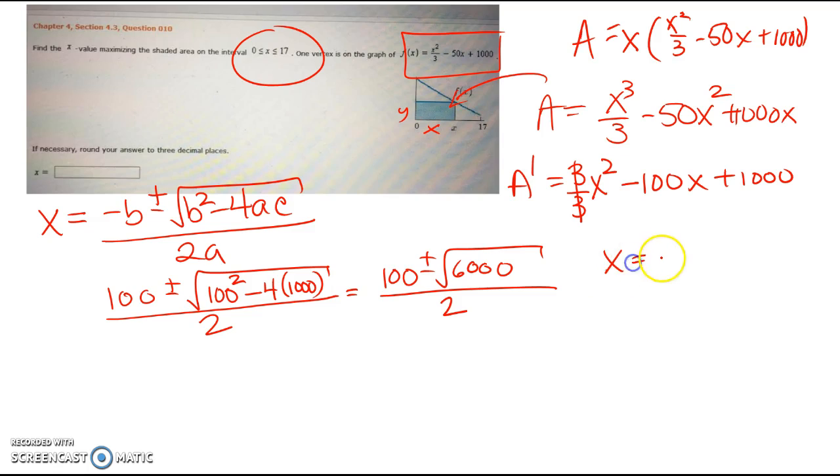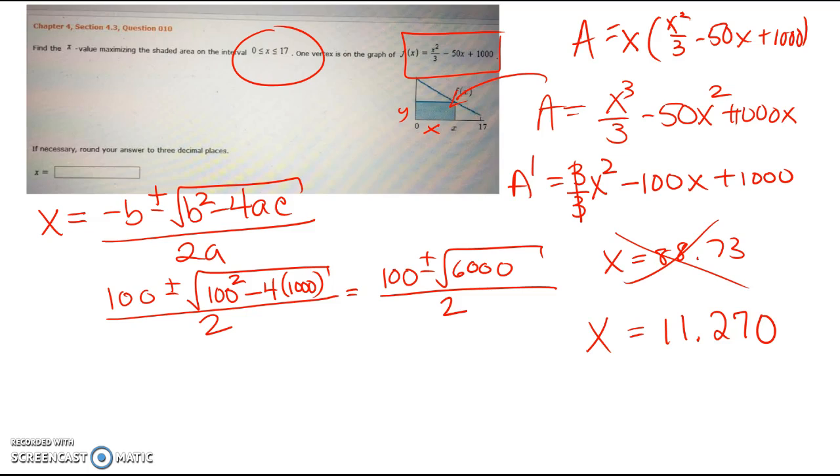Notice, one of my x's is 88.73. That's not in our closed interval. So let's take 100 minus the square root of 6,000 divided by 2. Well, x equals 11.270.